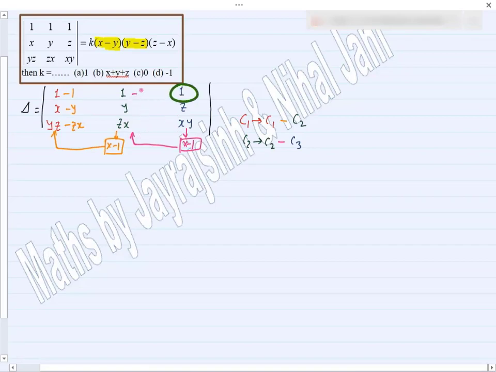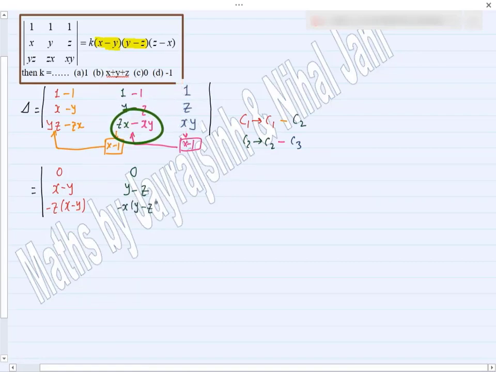So 1 minus 1, y minus z, similarly the last element. So our modified first column will be 0, x minus y, and after taking minus z common, we will get x minus y. Now the second column is 0, y minus z, and after taking minus x common, we will get y minus z. The third column will be as it is.